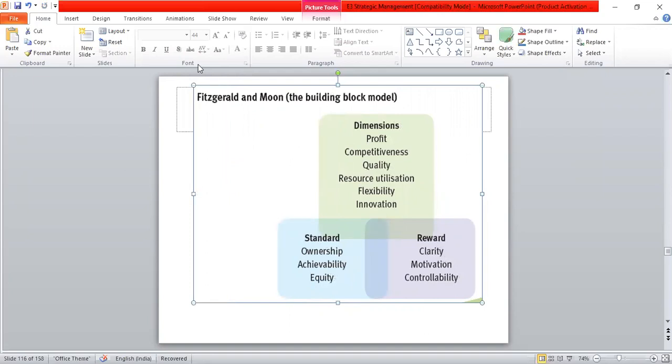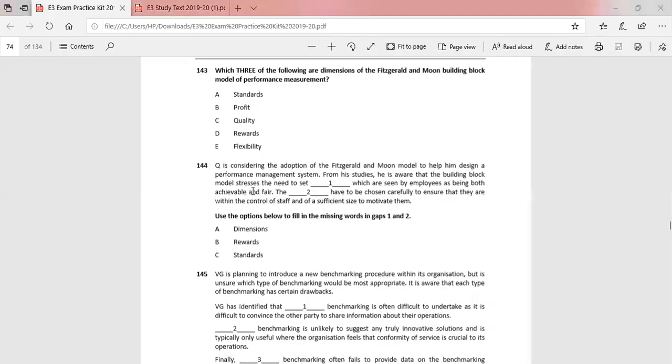The dimensions of profit, competitiveness, quality, resource utilization, flexibility, and innovation. Profit, quality, flexibility.